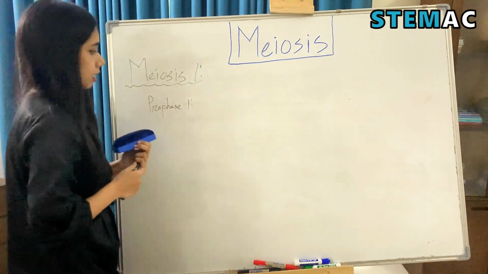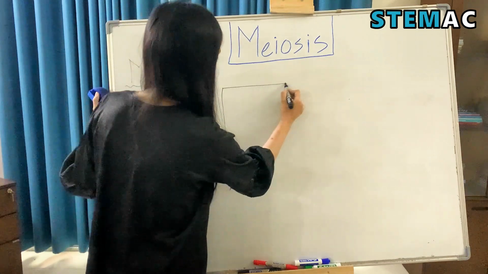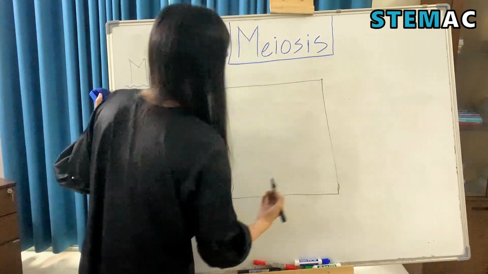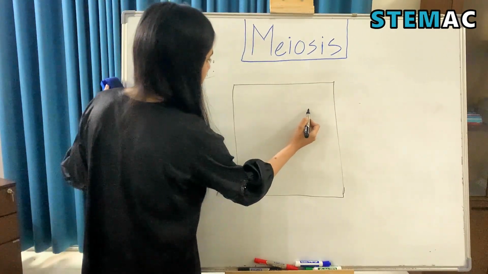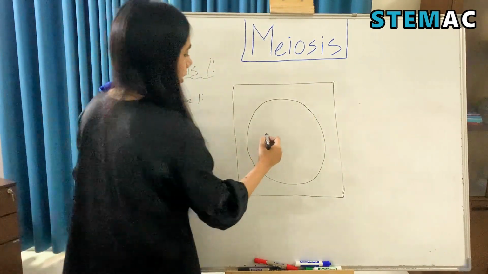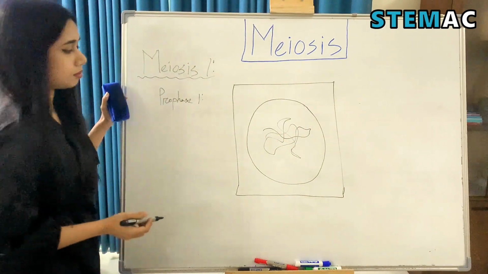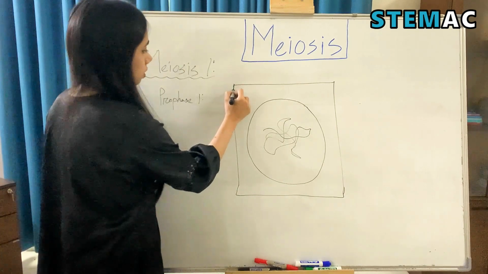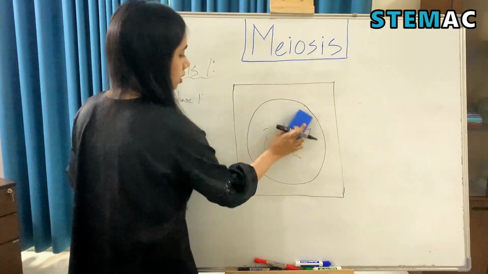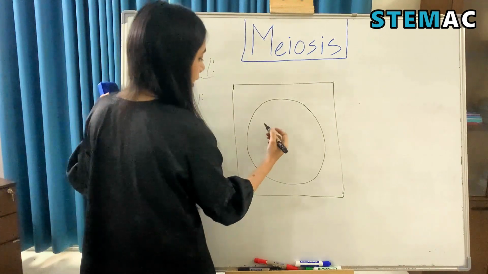So at first, let's say this is a cell. Within our cell we have a nuclear membrane, and within the nucleus we have these coiled chromatins. During the leptotene phase, DNA replication will take place, and these chromatins will condense into thick chromosomes.